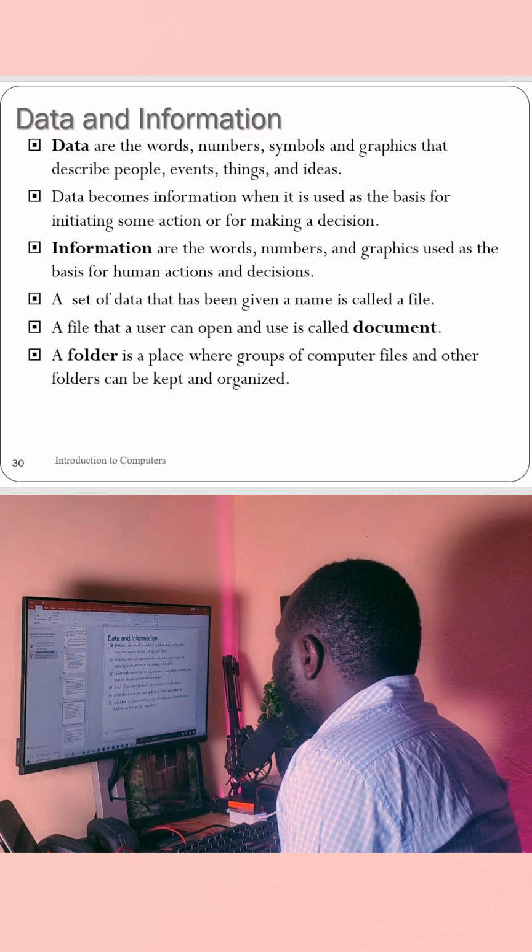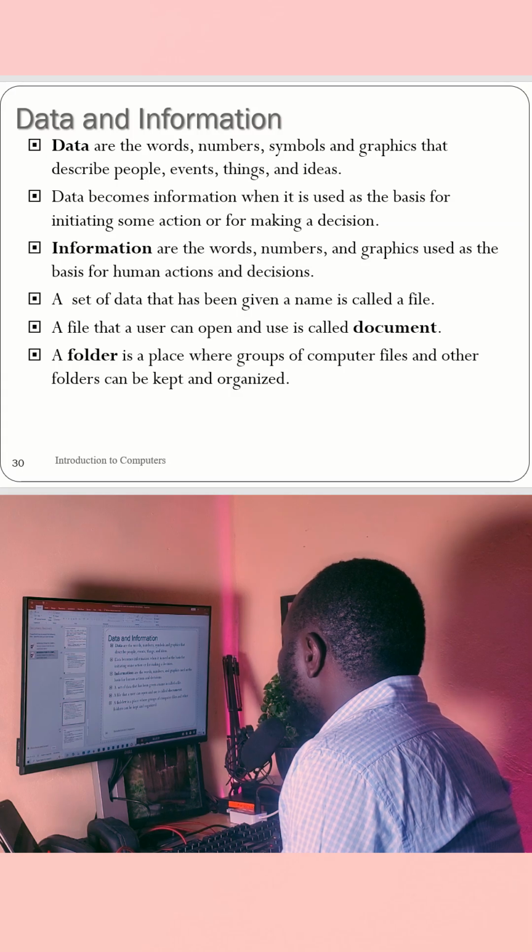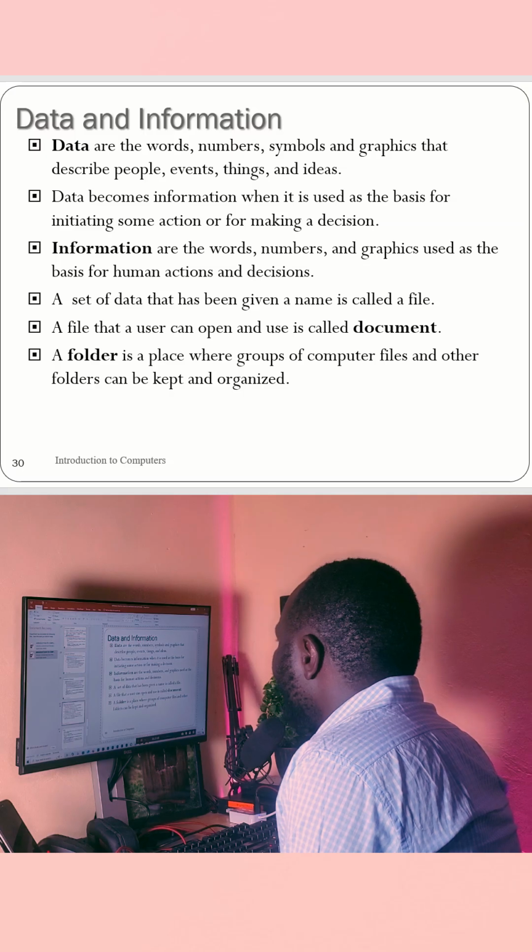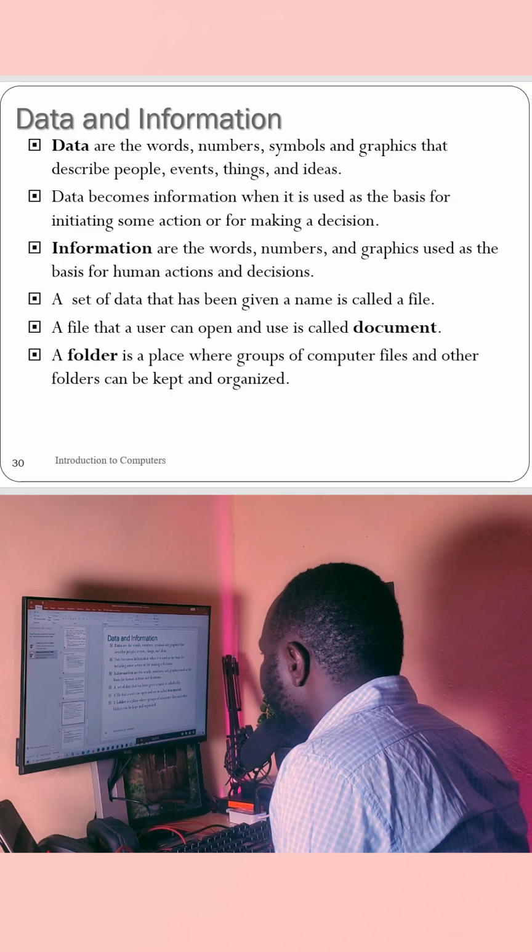A set of data that has been given a name is called a file. A file that the user can open and use is called a document. A folder is a place where groups of computer files and other folders can be kept and organized.